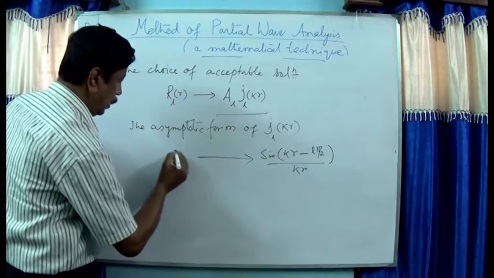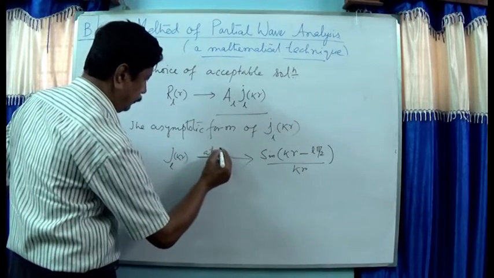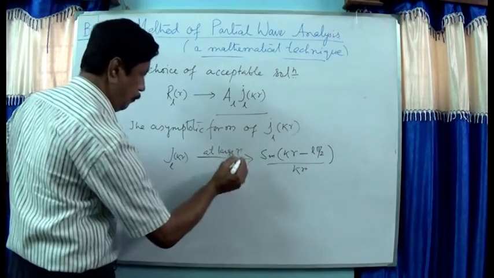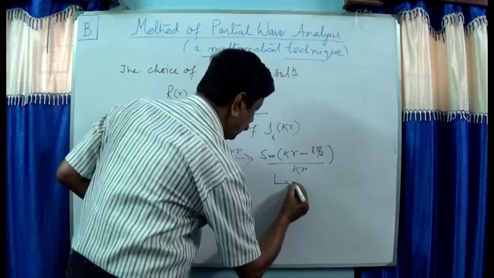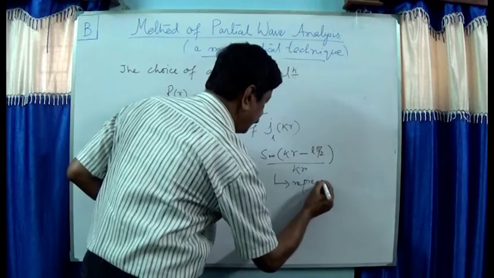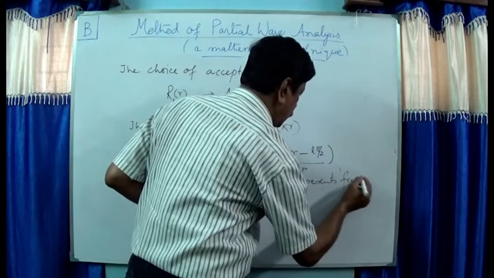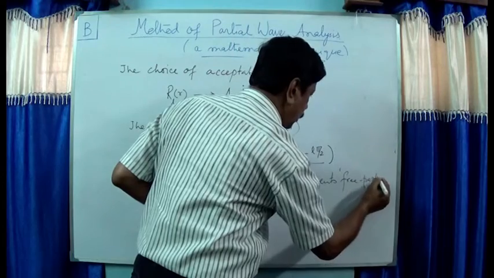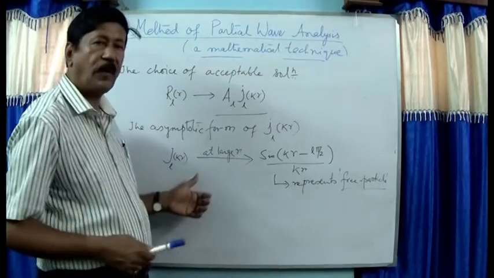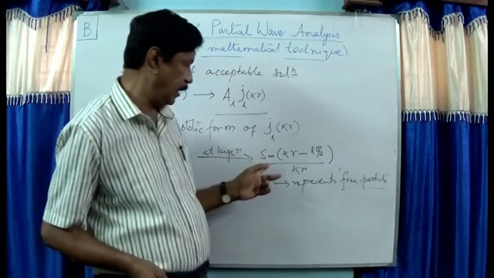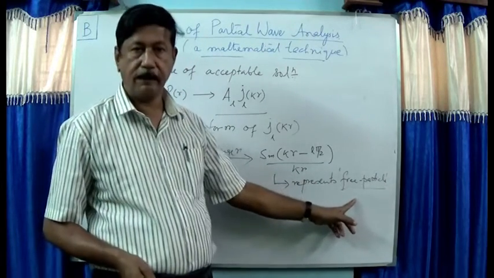So it is J_L(KR) at large r. It represents a free particle. Okay? So the asymptotic form of J_L(KR) that we have written here in terms of the sine function represents the free particle.